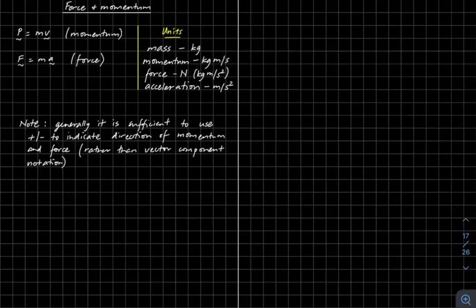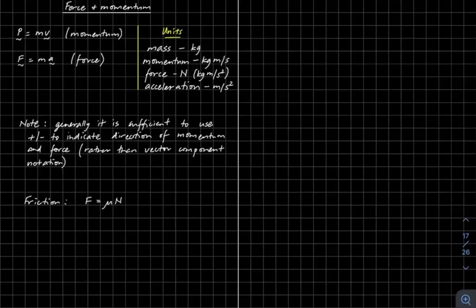So rather than needing to use i's and j's, because it's straight line motion a lot of the time, we can just use plus and minus, and just be clear about which direction is positive and which direction is the negative direction for motion.